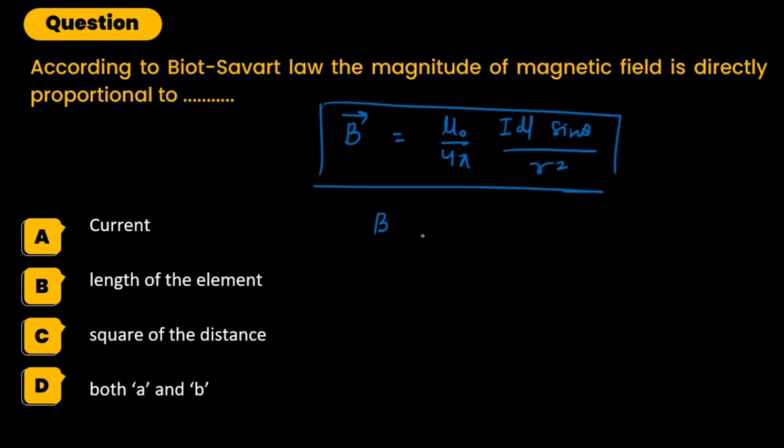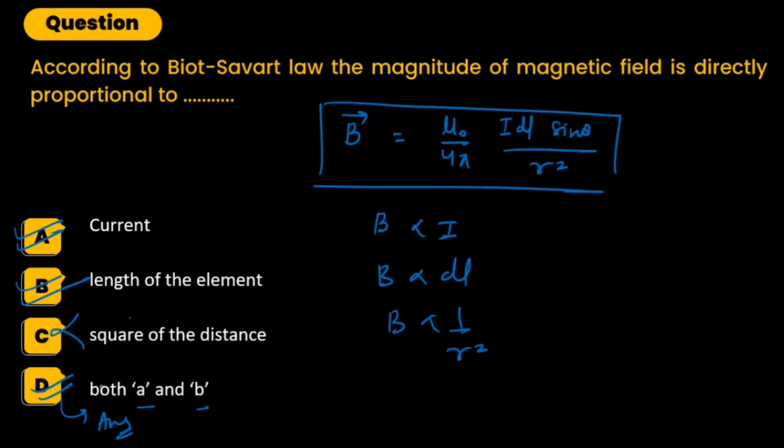So here you can see it is directly proportional to current. Here you can see it is directly proportional to the length element, and it is inversely proportional to the square of the distance between the point and the wire. So current, yes, it is correct. Length of the element, yes, it is correct. Square of the distance, no, it is inversely proportional to it. So that is false. Both A and B. The correct option will be D, both A and B.